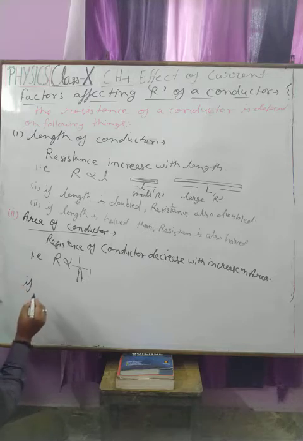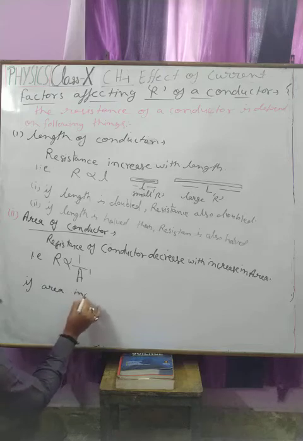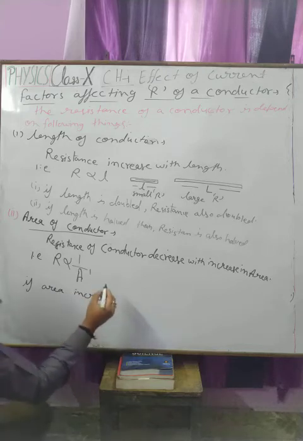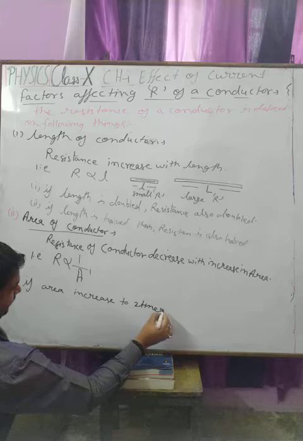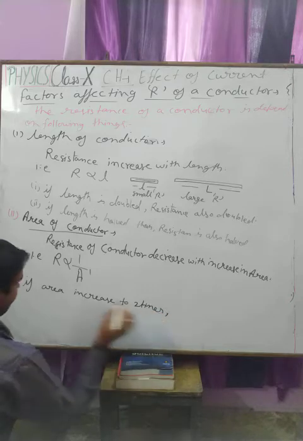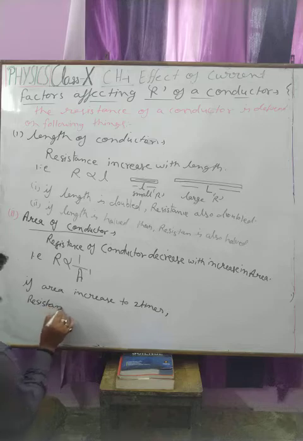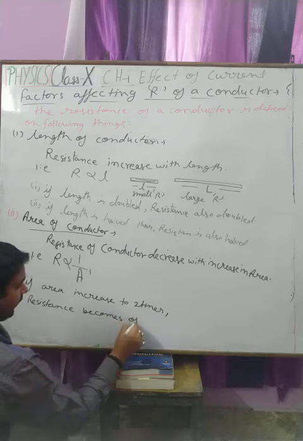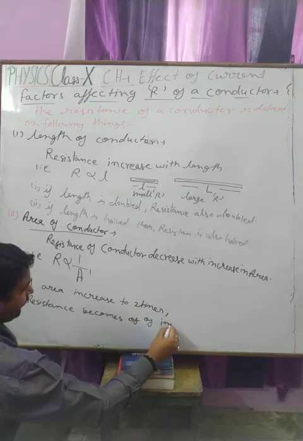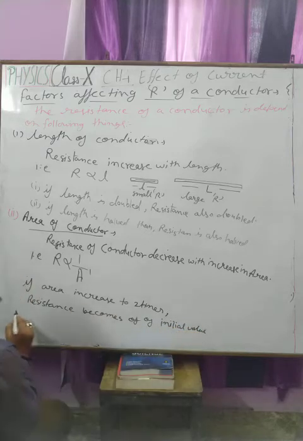If area increases to 2 times, then resistance becomes half of the initial value.